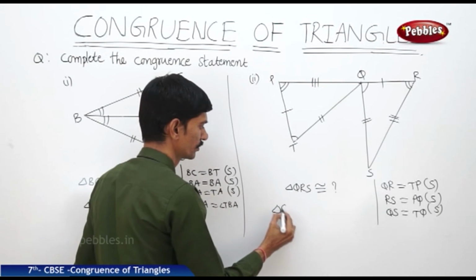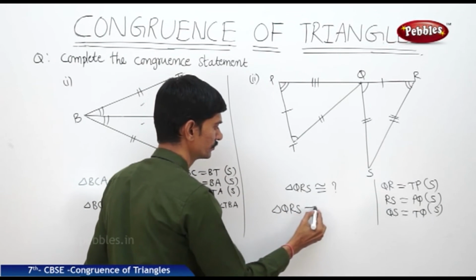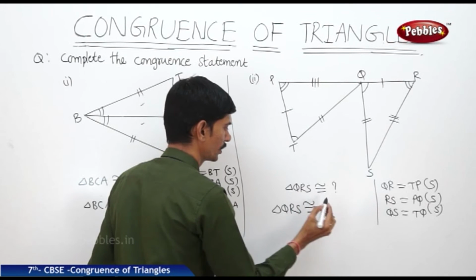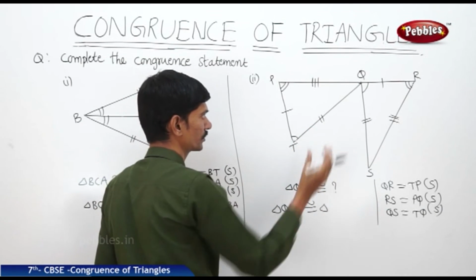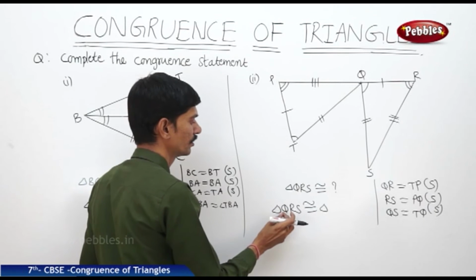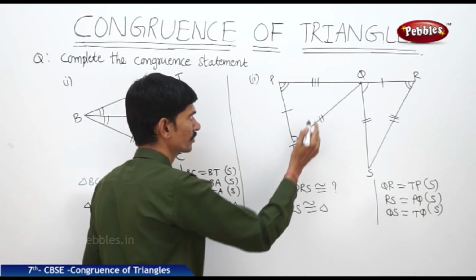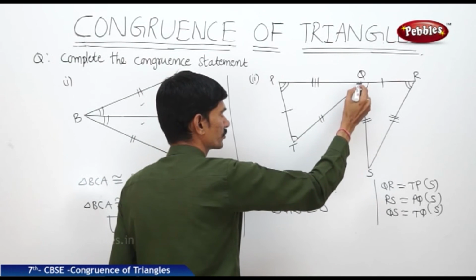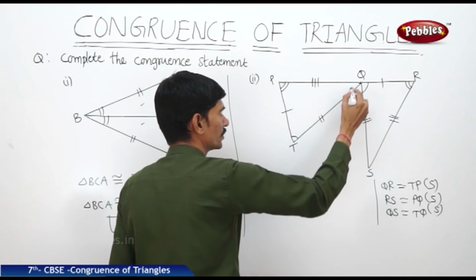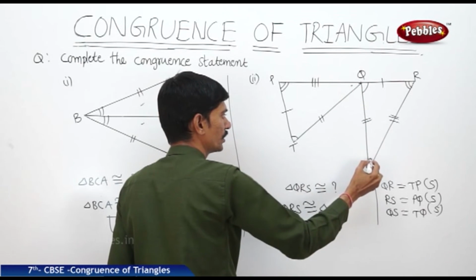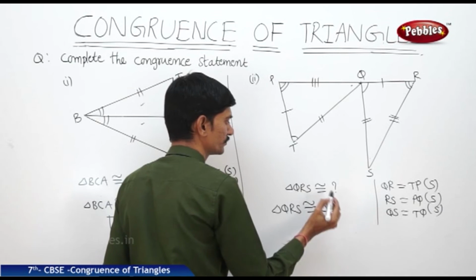Now triangle QRS is congruent to triangle. What are the corresponding vertices? Means what is the order of the corresponding vertices of the two triangles? Now QRS. See here Q, so this angle Q is equal to angle S. So we can write here S.